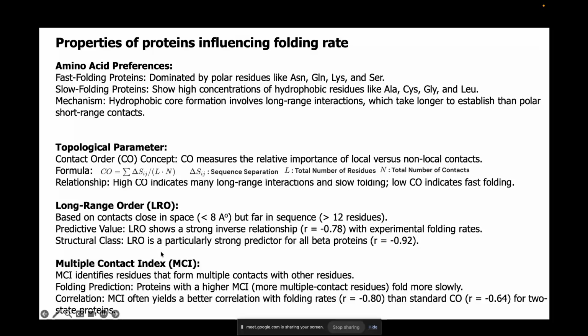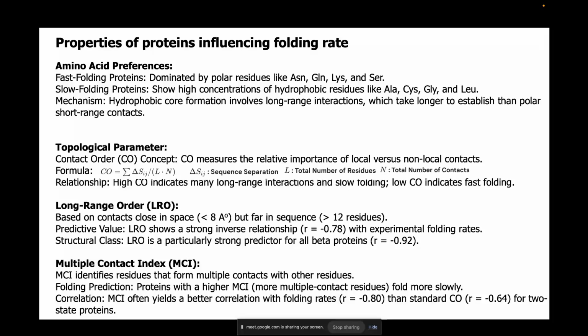If you quantify the long range order of the available proteins and then try to plot that with respect to the folding rate of the proteins, LRO will always show an inverse relationship with experimental folding rate.